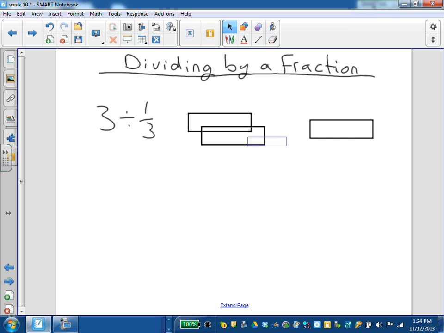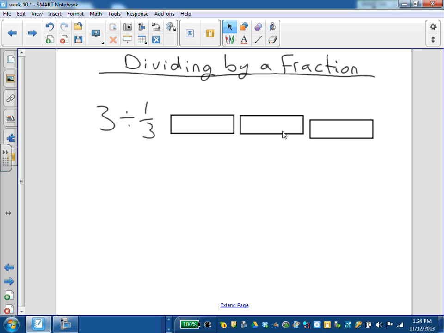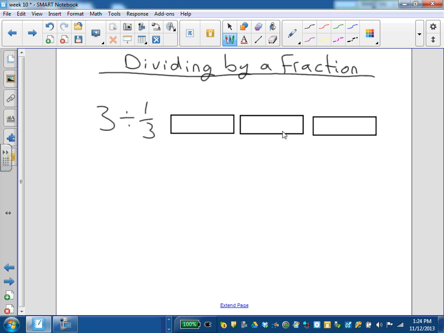And try as best you can to split them up into 3 equal parts. It doesn't have to be perfect. We're just trying to get the idea here. Okay? So each one of these parts is equal to 1/3. Right? So I figure out how many I've got. I've got 3 here, plus 3 more, plus 3 more, equals 9. Okay?